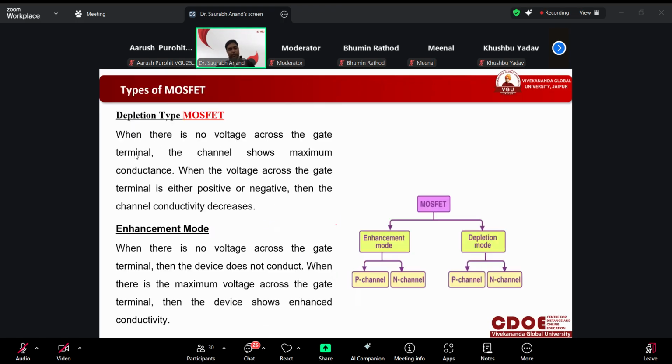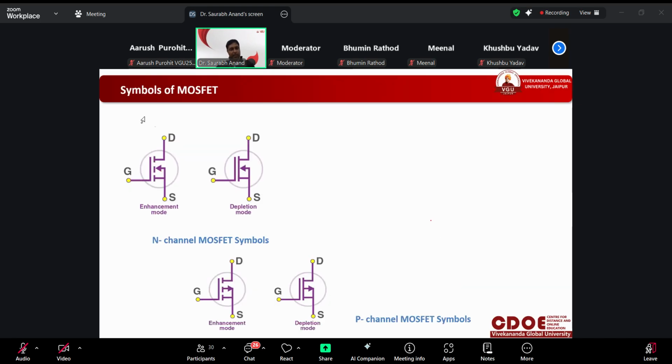So which type of MOSFET is it? Here you can see: MOSFET, enhancement type, depletion type. Enhancement has P channel, N channel. Depletion type has P channel, N channel.